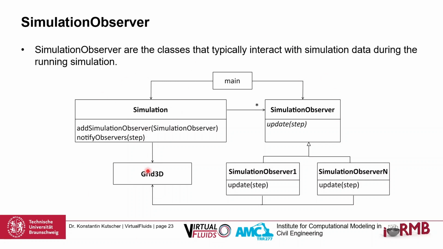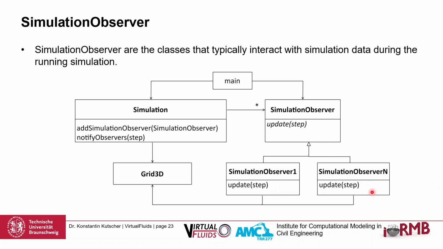You can see this implemented in these classes. The simulation does something with the grid directly, the grid changed, and it notifies the simulation observer, which calls this update function. You can easily extend this again.